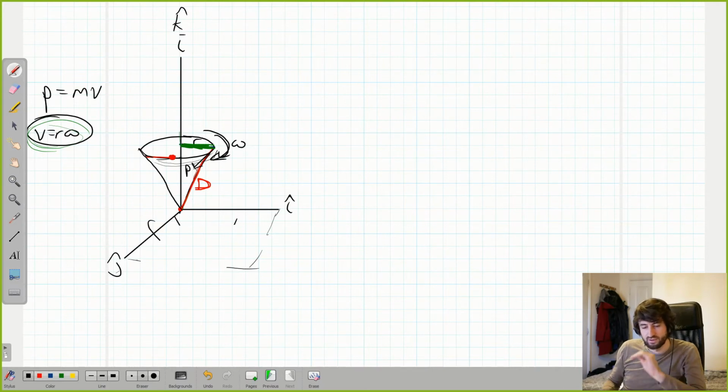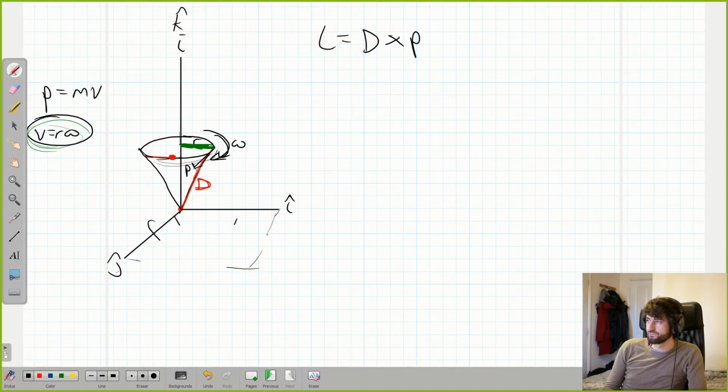Anyway, so we can say that L equals D cross P. Because it's the normal formula, L equals R cross P, but this time we're using D as that. And we can say that P is mv. We know that, momentum is mass times velocity.